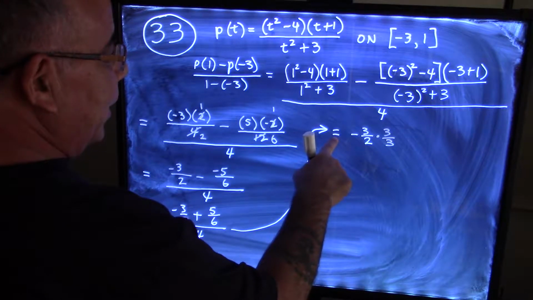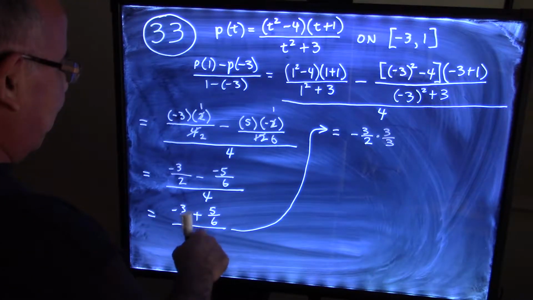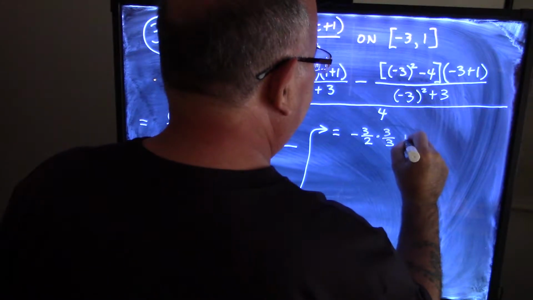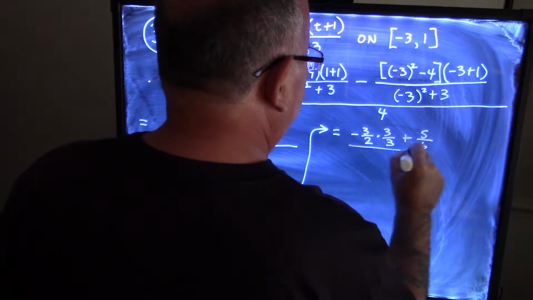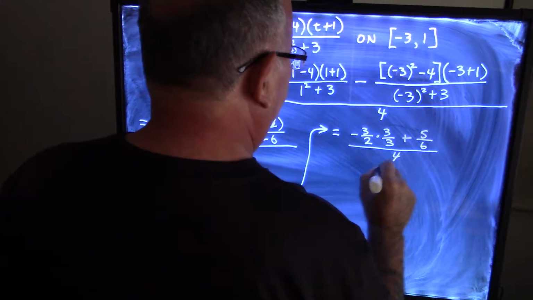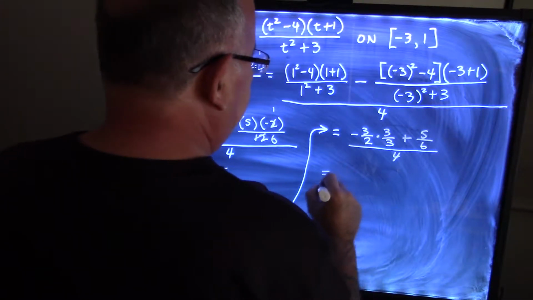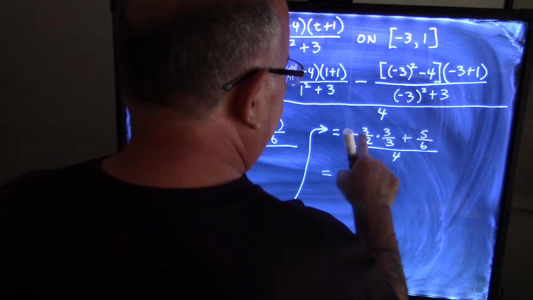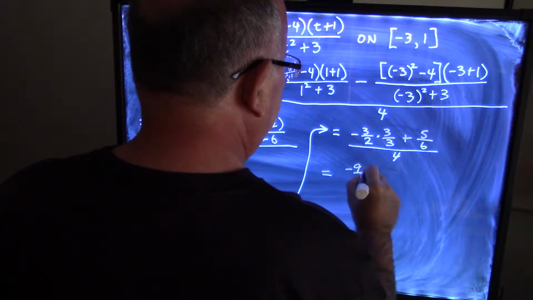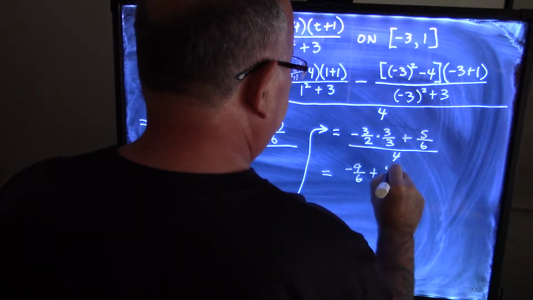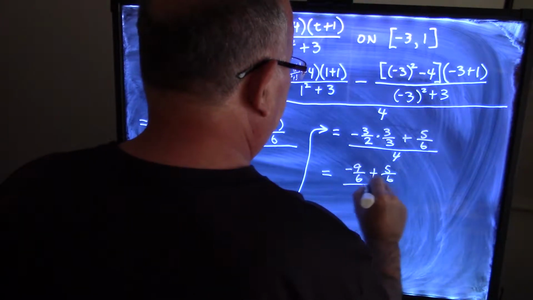And you can maintain that equal sign. Alright, and then plus 5/6 all over 4. So that equals a negative 9/6 plus 5/6 over 4.